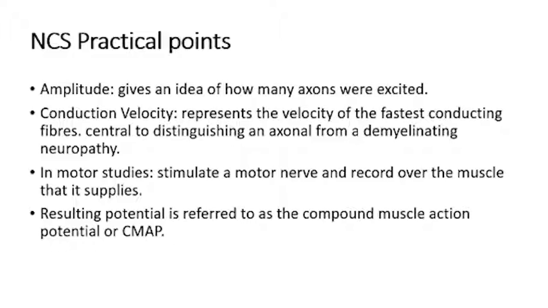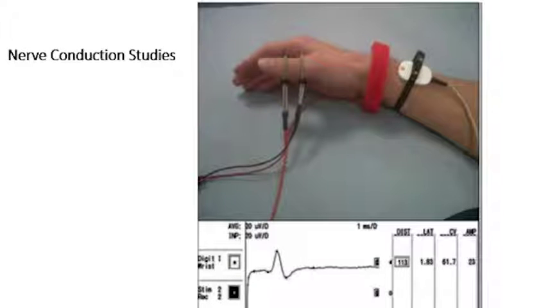Why do we do 2 points? Because here, and then you repeat another point. The reason is that when you stimulate, there is the neuromuscular junction, whereby it might slow when the nerve is stimulating the muscle.